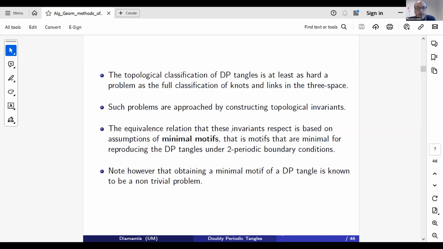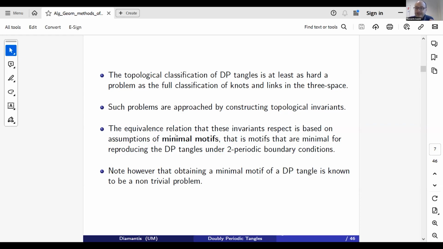The problem is that all these invariants are based on assumptions when it comes to minimal motifs, minimal flat motifs. So the square that you would have to identify its boundaries, you consider it to be minimal. And minimal means the smallest possible diagram that can create the same deep rectangle. I'm going to show you some examples to understand this issue.